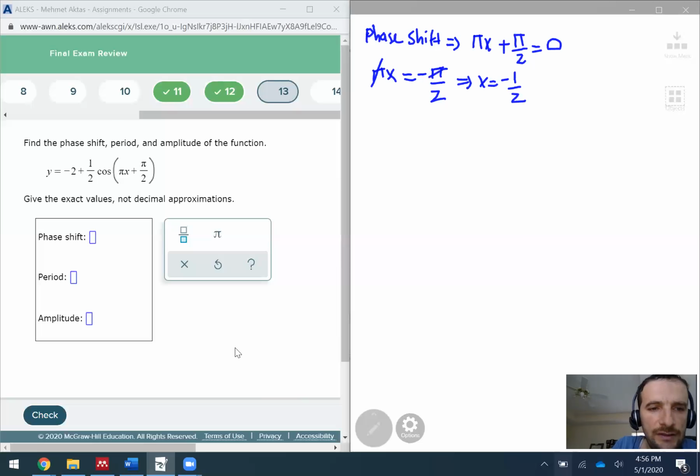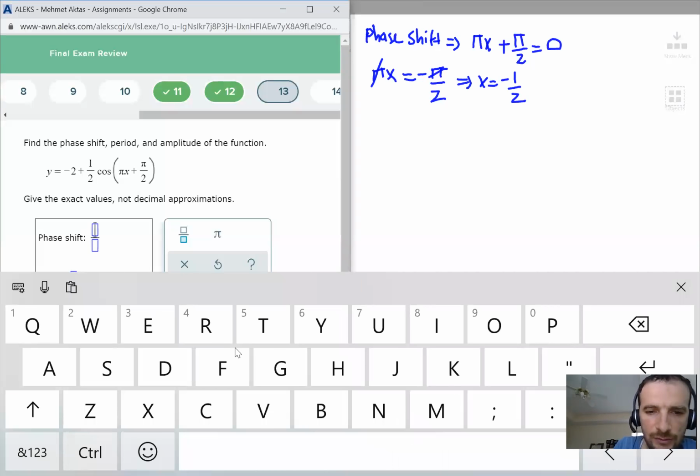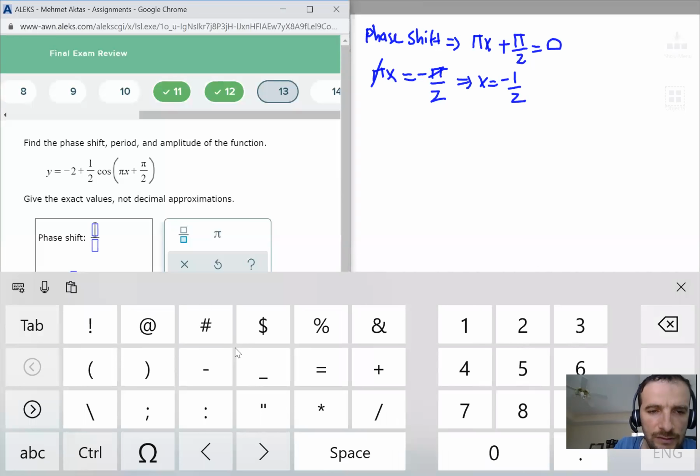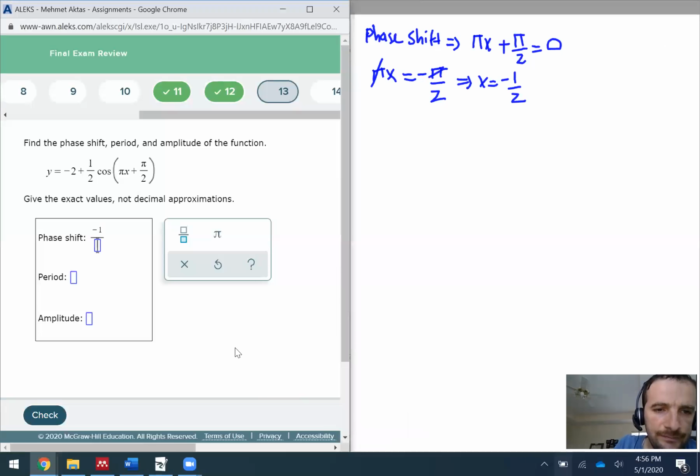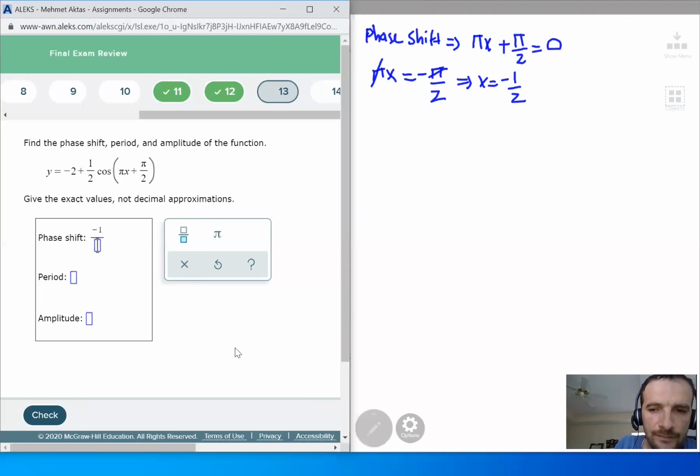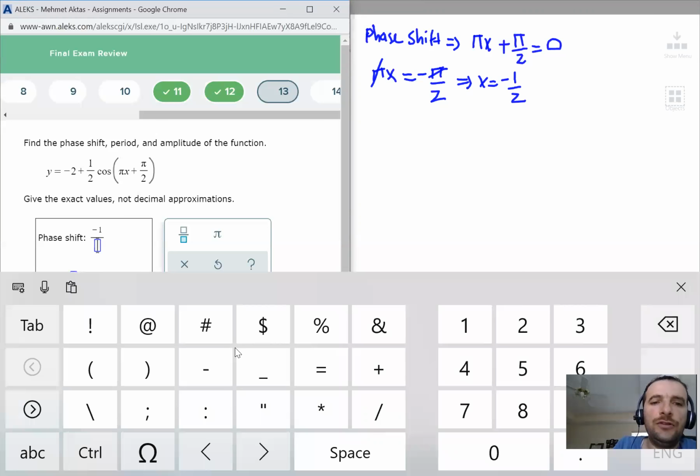So phase shift is negative 1/2. Let me use this keyboard this time, negative 1/2. Okay.